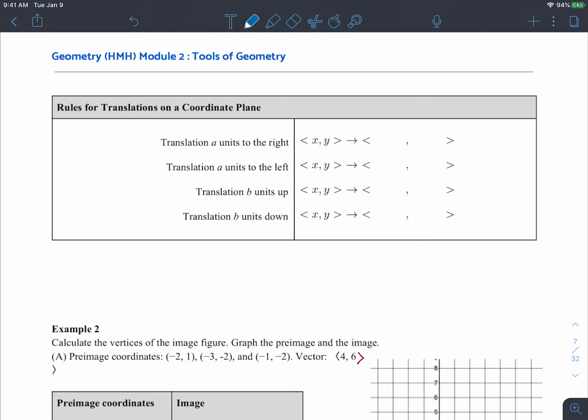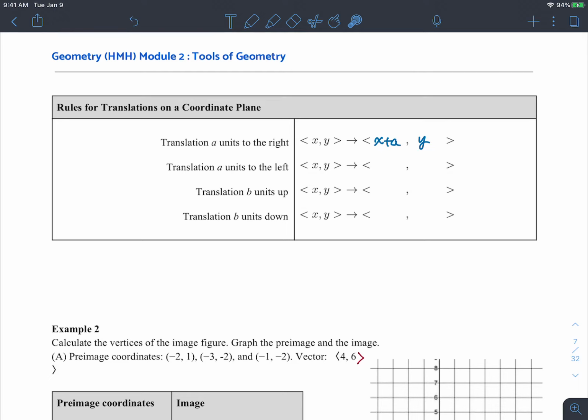The first one is translation A to the right. In terms of coordinates, you would add A to the X coordinate, right? By the way, when you have this, it's vector notation. It's not a location, it is how far you're going.